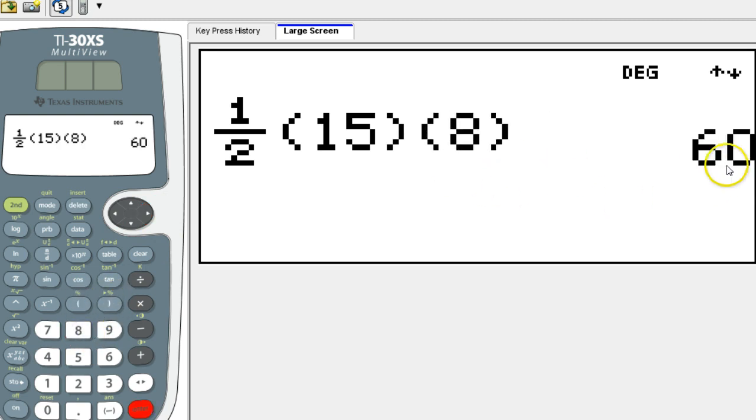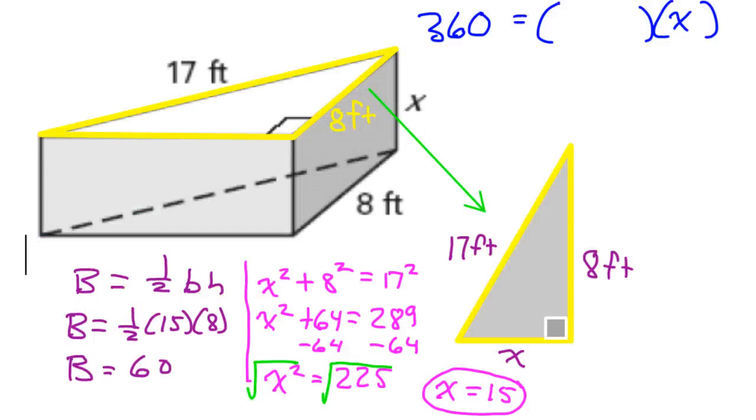Working on your mental math skills, you could do this in your head because half of 8 is 4. And then it's a matter of doing 4 times 15. Well, 2 15s make 30, so 4 15s will make 60. Exercise your mental math skills. So that is the area of the base. So we will take that and put it where it goes, right here.